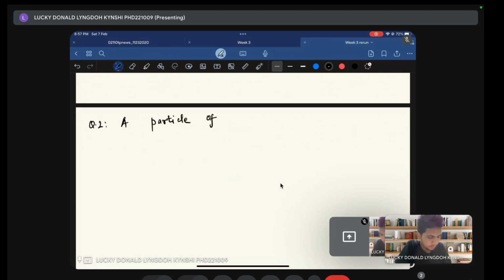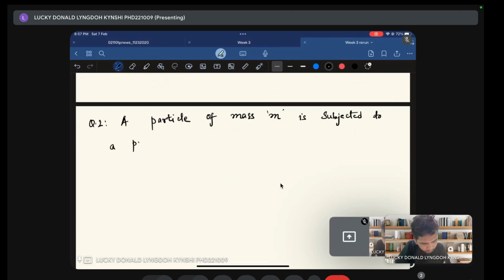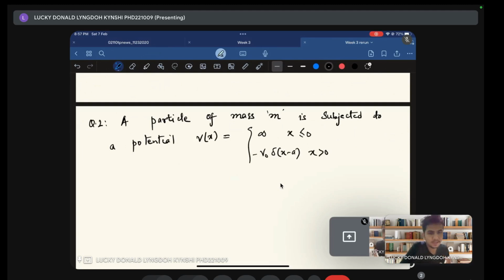Question number 2 says: a particle of mass m is subjected to a potential V of x equal to infinity at x less than or equal to 0, and minus V naught delta of x minus a for x greater than 0. In your assignment it is given simply V naught delta x minus a, with no negative sign.